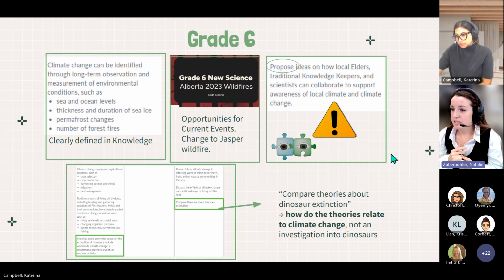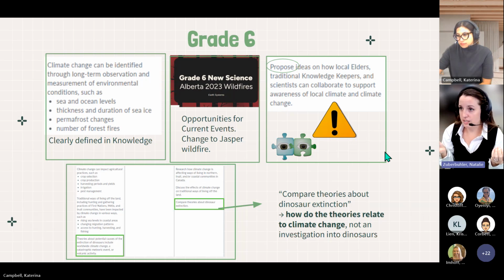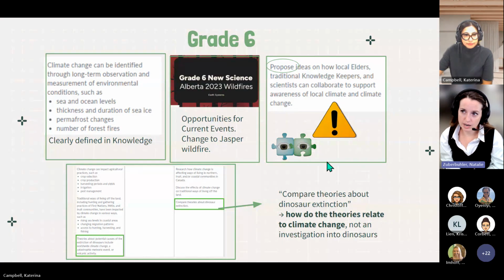Two-eyed seeing is an Indigenous way of knowing that values both traditional intergenerational knowledge and current science beliefs, and that they can work together to support our understanding of the world. So please be aware of some of that language when we're diving into this skill and procedure.